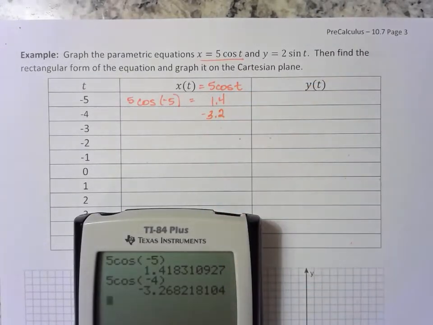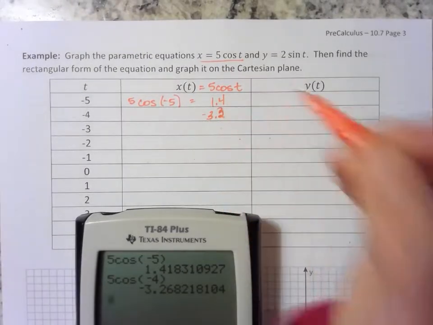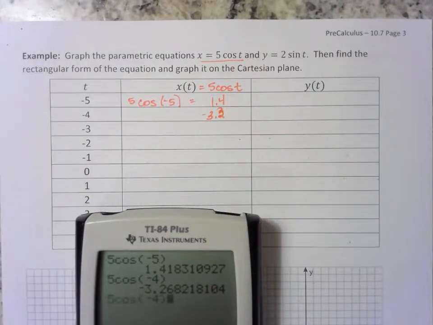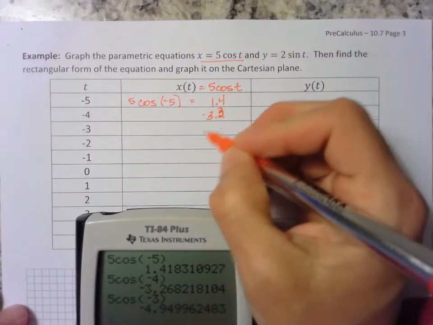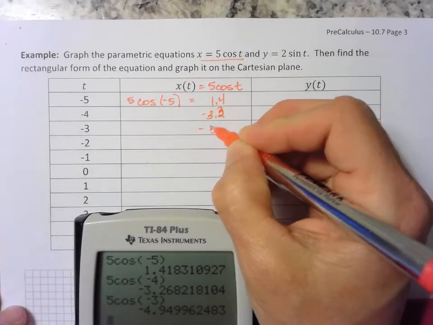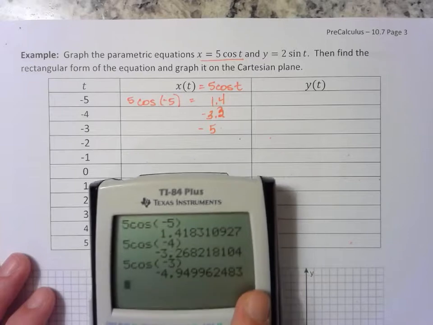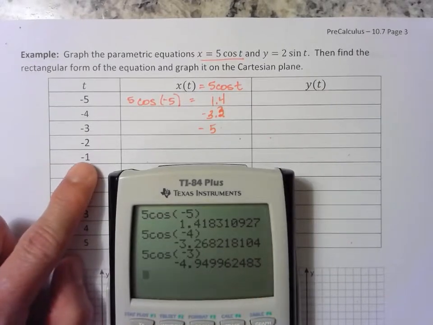So you understand how I'm getting this, I hope. 5 cosine negative 4 is going to be negative 3.2, or 3.3 really, if you round it properly. So that's negative 5, pretty much. 4.9 if you want to be accurate.